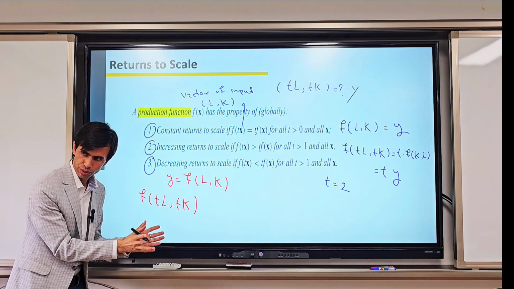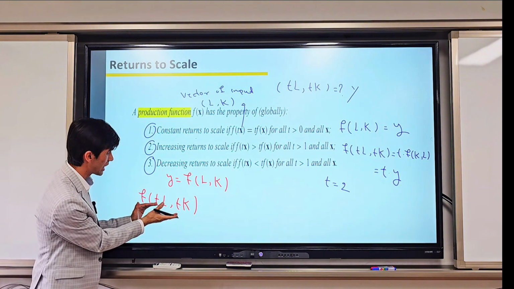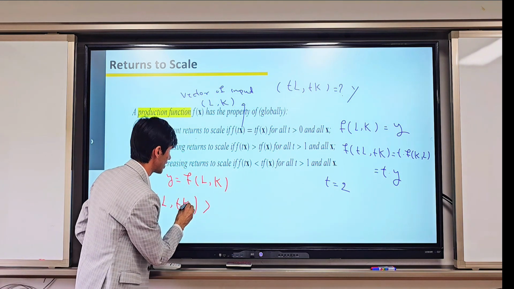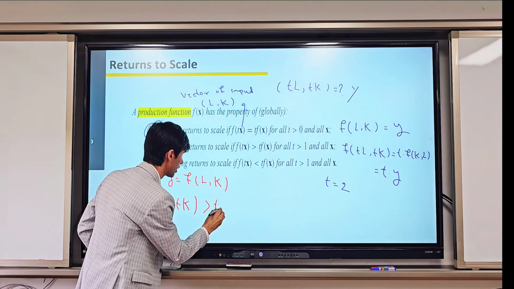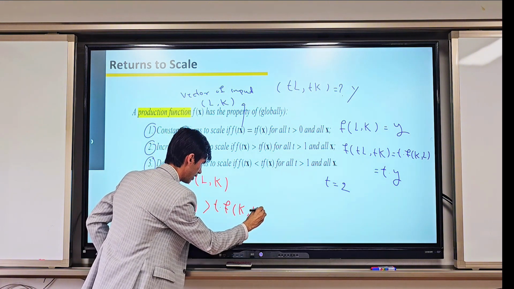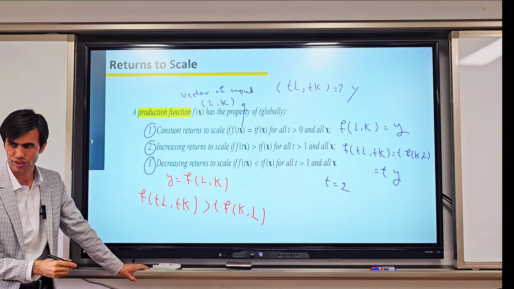and the output that we get from this combination, if it is greater than t multiplied by f of k and L, then it's increasing return to scale.